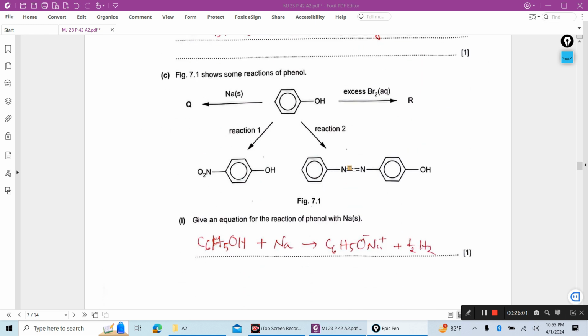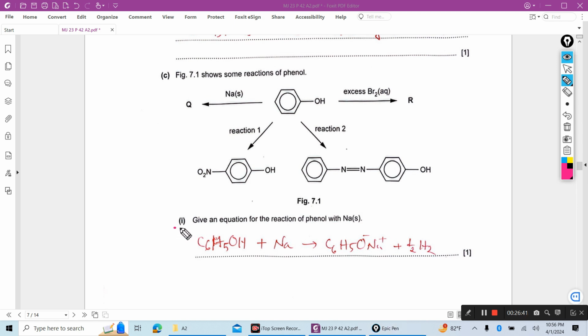Next, you see this figure 7.1 shows some reactions of phenol. This is the phenol, excess bromine gives R, sodium gives Q, reaction 1 gives 4-nitrophenol, and in reaction 2 the azo compound 4-hydroxyphenyl azobenzene is formed.